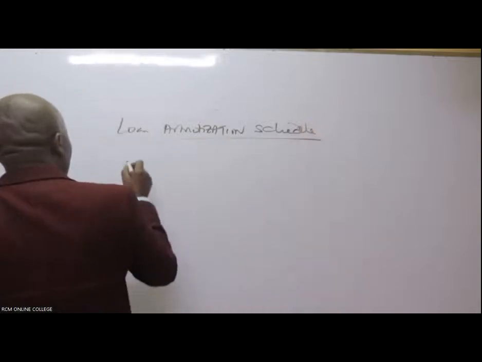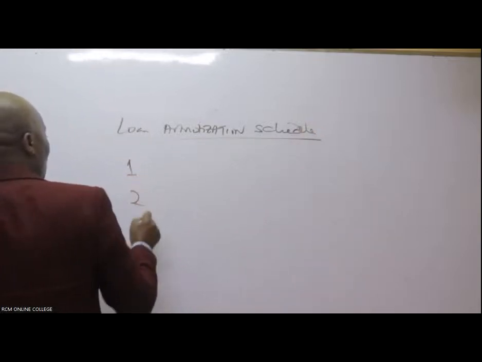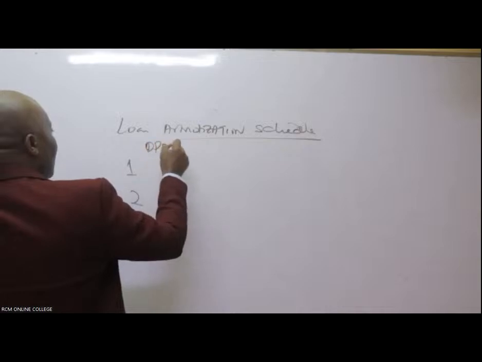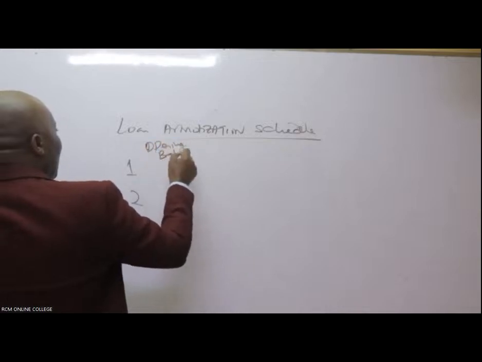So what do we have there? We have year 1, year 2. We have in this case here present value. That is the opening balance.